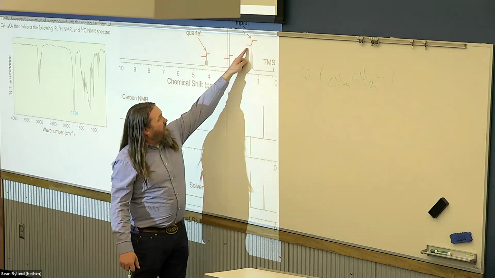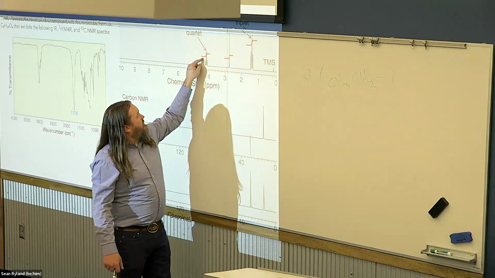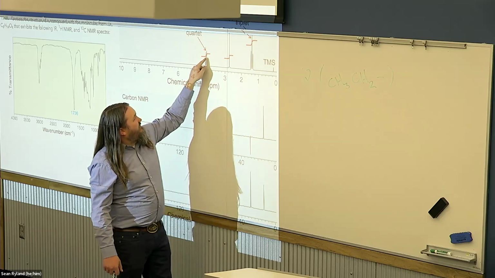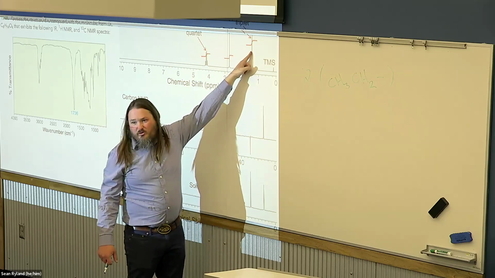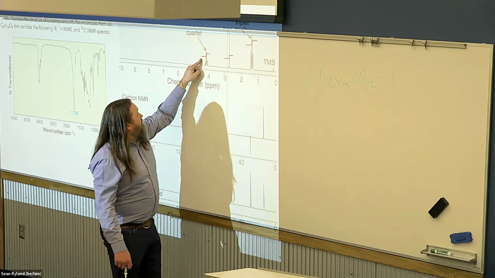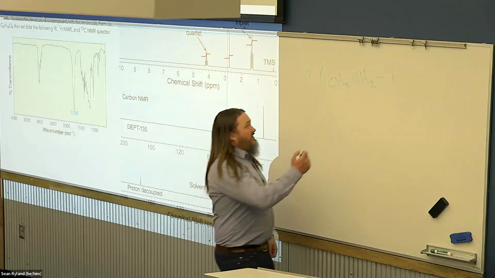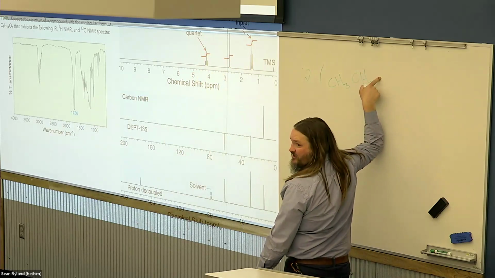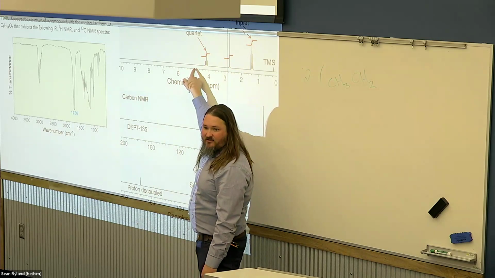If we did get out a ruler, we'd probably see that this looks like it's about 1 to 2 to 3. Which would make sense because we know this is a methyl, right? So our quartet, that's our CH2, which means the carbon next to it probably doesn't have any hydrogens on it. Otherwise, this quartet would be a quintet or a sextet.